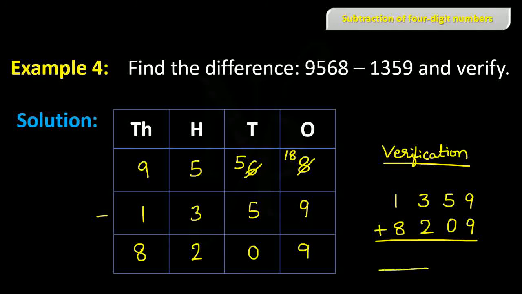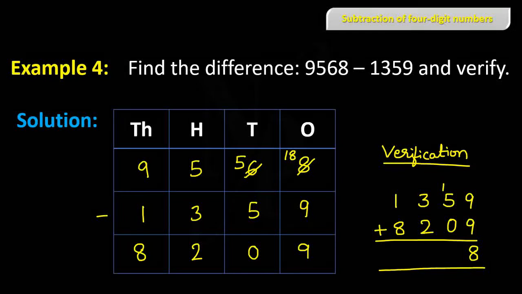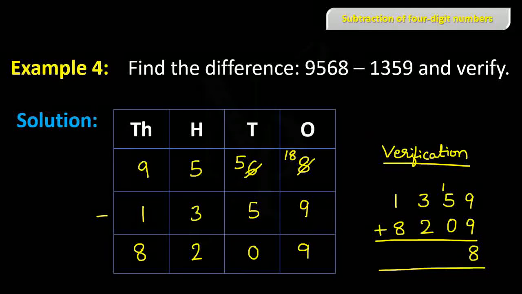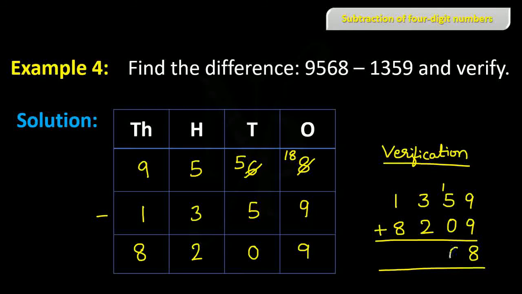Add these two numbers. 9 plus 9 is 18. 8 is written here. 1 is carried to the next column. 5 plus 1 is 6. 6 plus 0 is 6. 3 plus 2 is 5. And 1 plus 8 is 9.